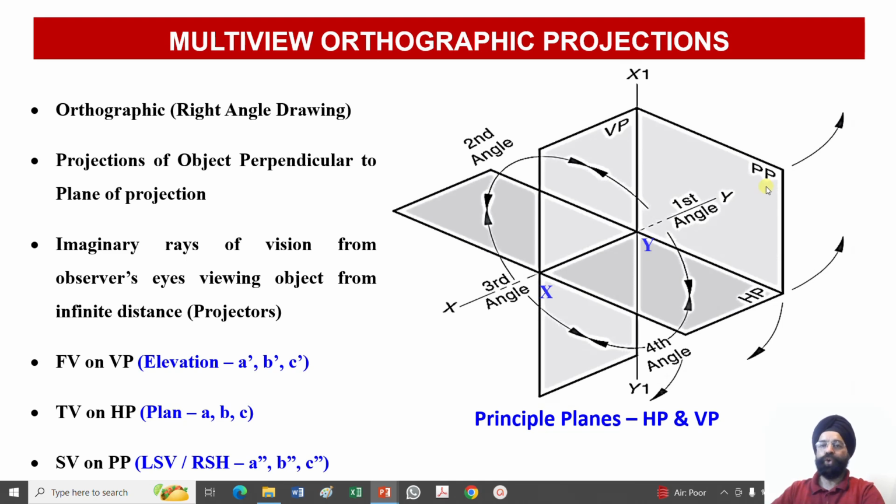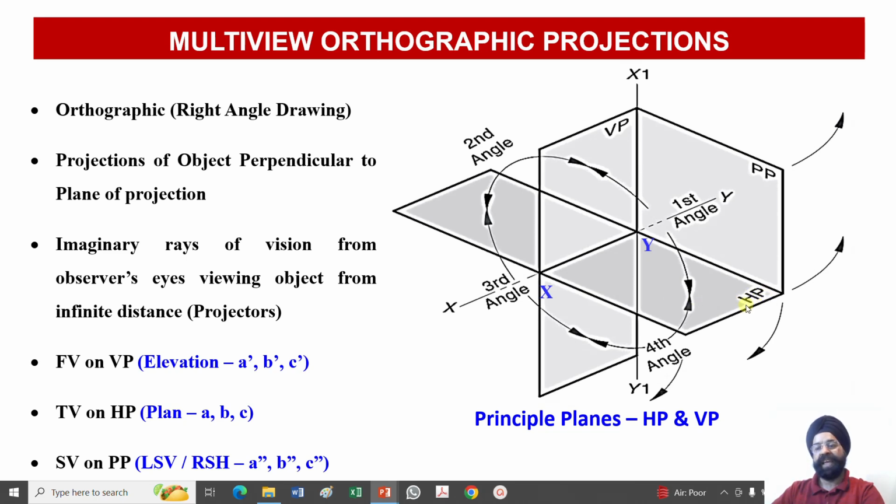But usually we are drawing only two views, that is front view is drawn on the vertical plane and the top view is drawn on the horizontal plane, and these two planes represent the primary planes and we call them principal planes. So we need to remember that two planes out of these three are the principal planes. What are those principal planes?